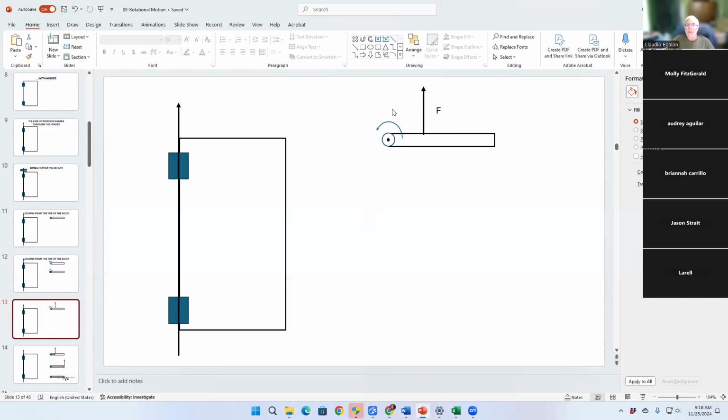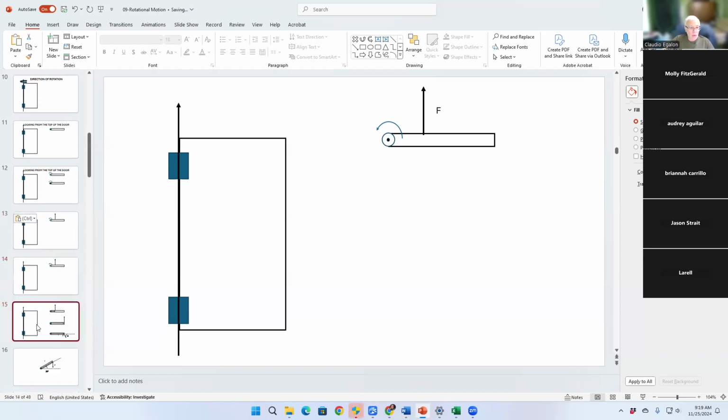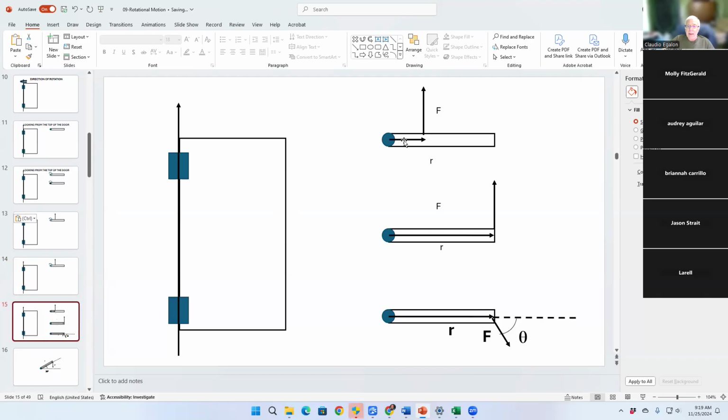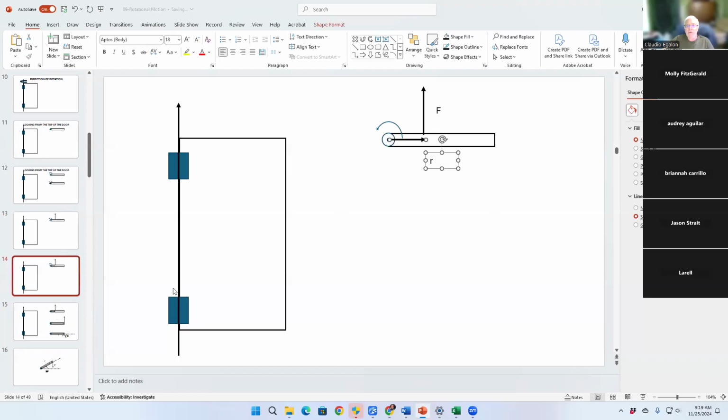But the angular acceleration is going to be different whether the force is here or anywhere along the door, okay? So in order to quantify this angular force, we must also illustrate the position vector of the point of application of this force, okay?